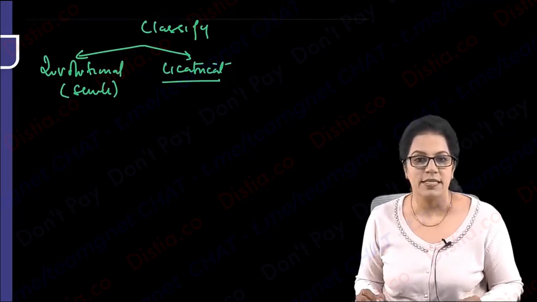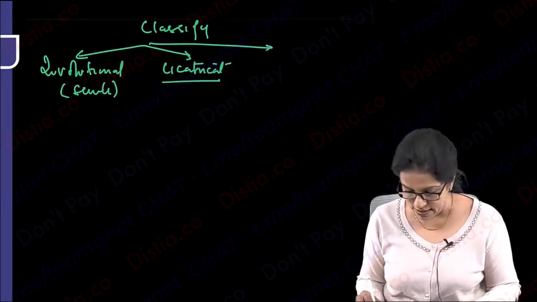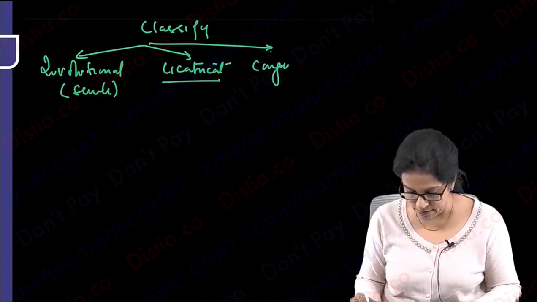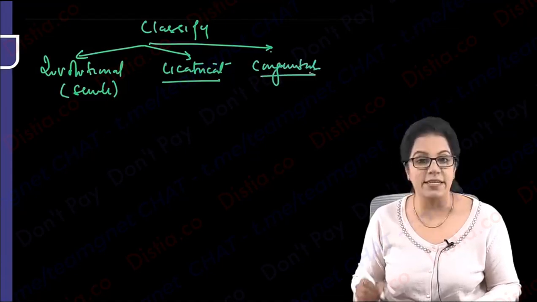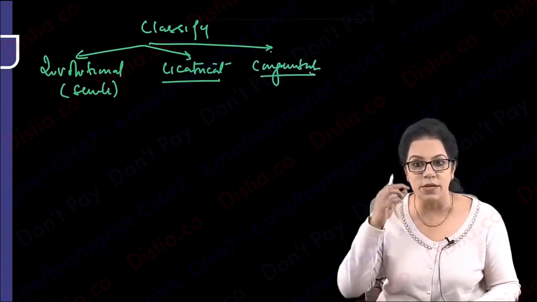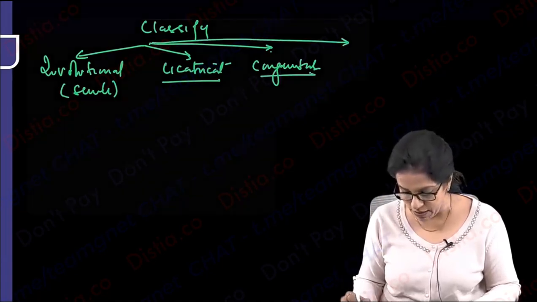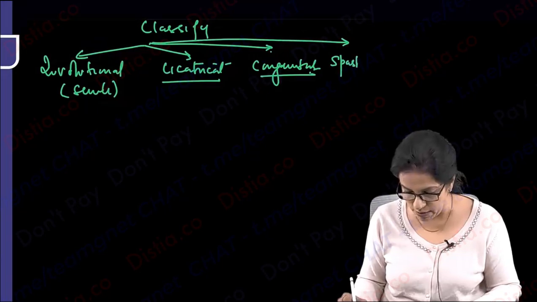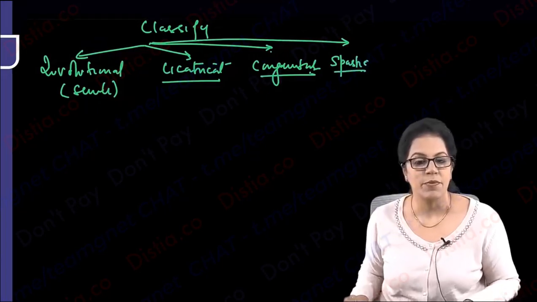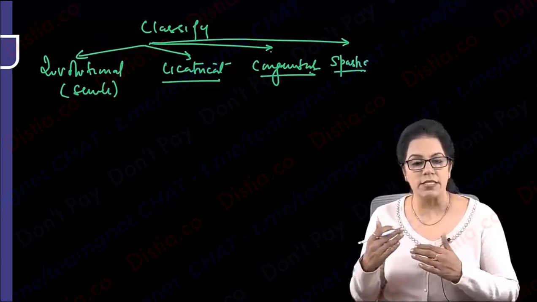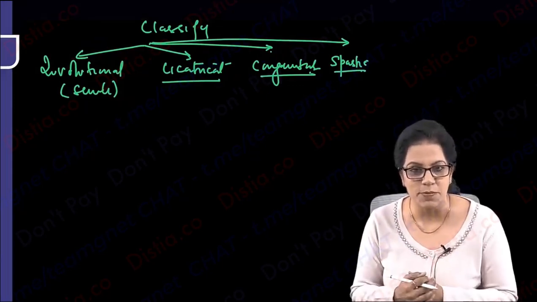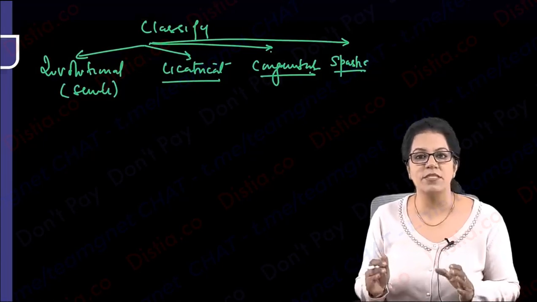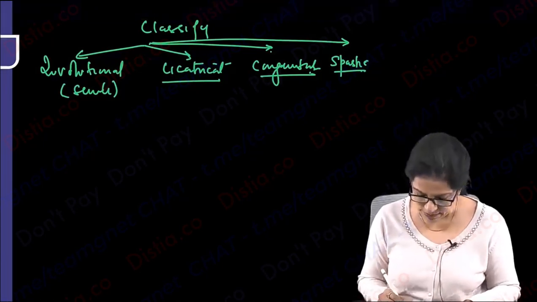Then it could be congenital, when the retractors are not formed properly and the lid goes inside. And fourth, it can be spastic, due to spasm of the muscle. Long-term patching can lead to spastic entropion. Okay, one by one, we first talk about involutional.